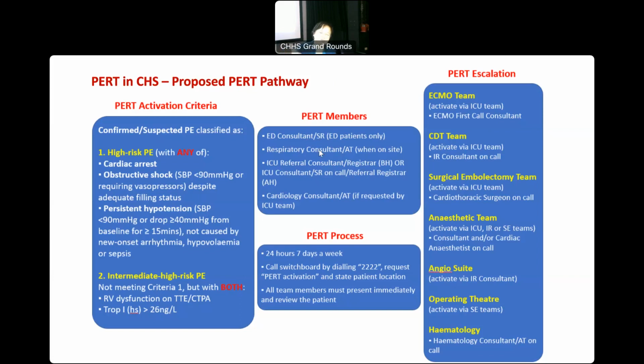I have to put the bracket when they're on site because it's not always on site. ICU 24/7, sorry, ICU in the daytime, referral team. In the nighttime will be the most senior doctor and cardiologist if requested, ICU. I can't ask enough for every single PERT because there's a resource strain. 24/7 services, call switchboard activation, all team members go in to review the patient, discuss, involve your senior physician on each team, discuss the best treatment, and activate the rest of the team as appropriate.